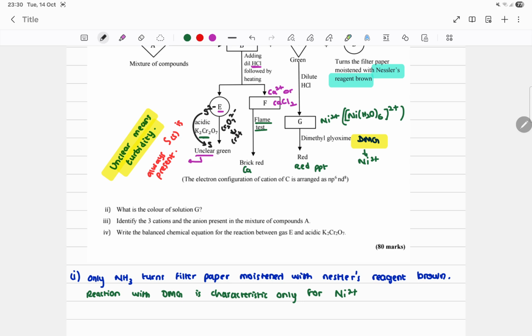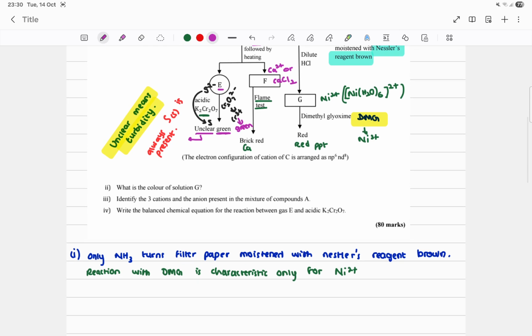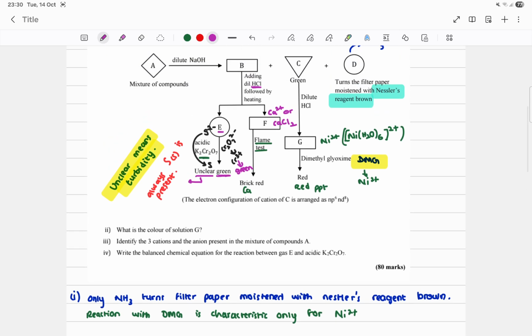Cr3+ is green. Therefore, a turbid green solution. Then we can write E as HCl plus Ca2+ and S2-. So this is B.